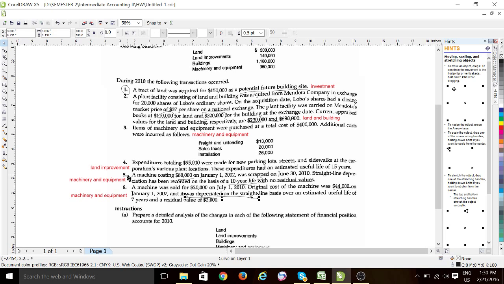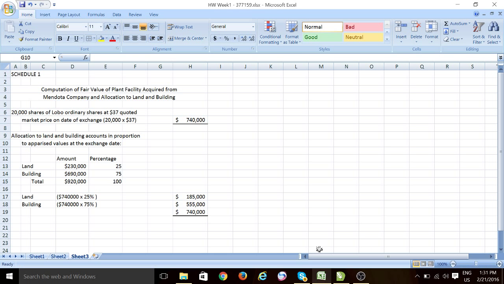And then the fifth transaction, where we ignore the depreciation, but still we should calculate the loss or perhaps gain if we gain any, as well as the accumulated depreciation in its respective financial statement, where I'll be calculating it on the schedule 2.